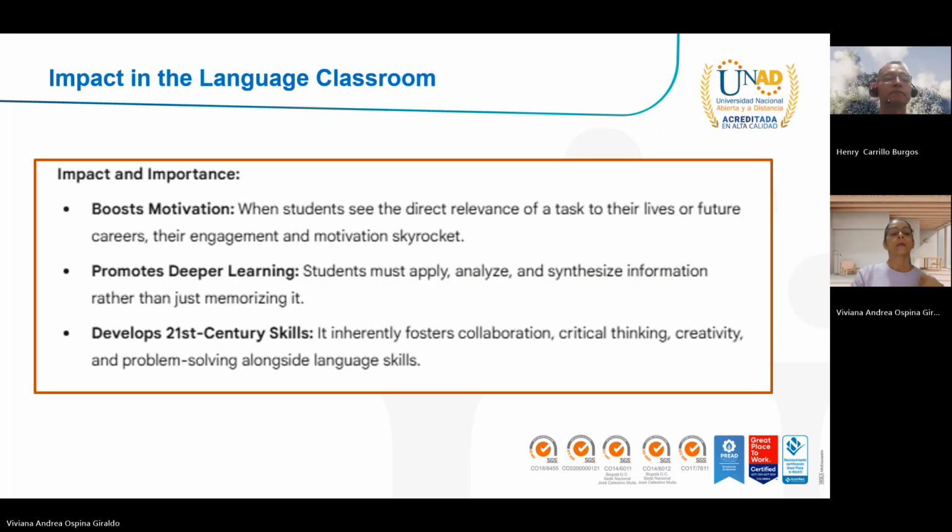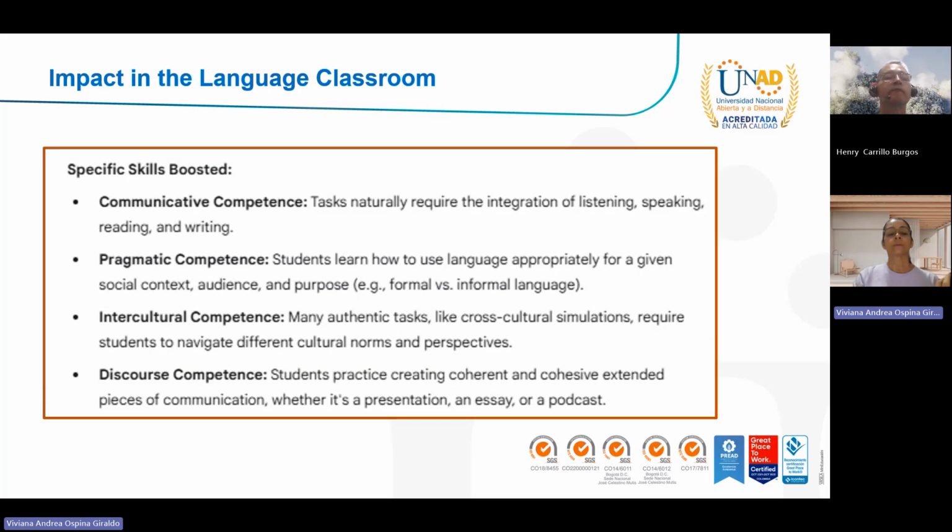Then this will boost their motivation because they will be able to work with real life situations that have direct relevance in their life. By promoting deeper learning, students will have to analyze, apply, and synthesize information, and we are not relying on memory. We are relying on critical thinking skills, collaboration, being creative, and being able to solve problems.